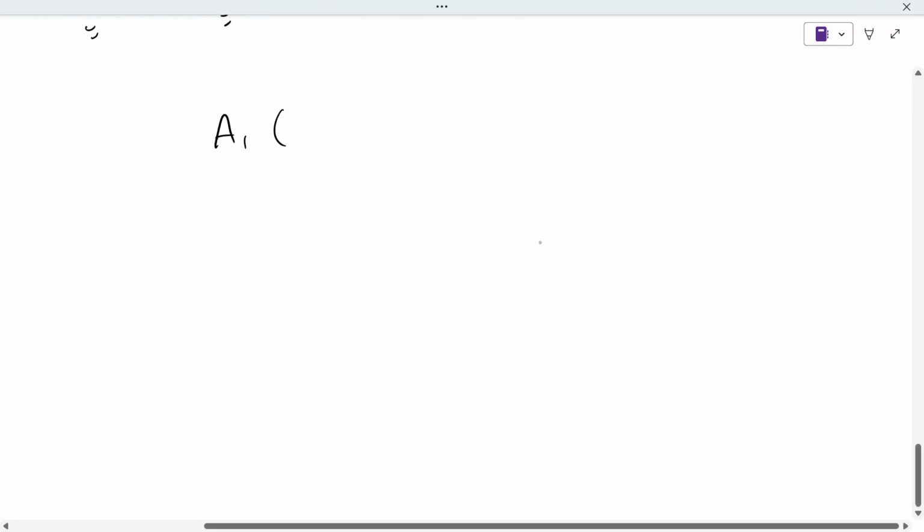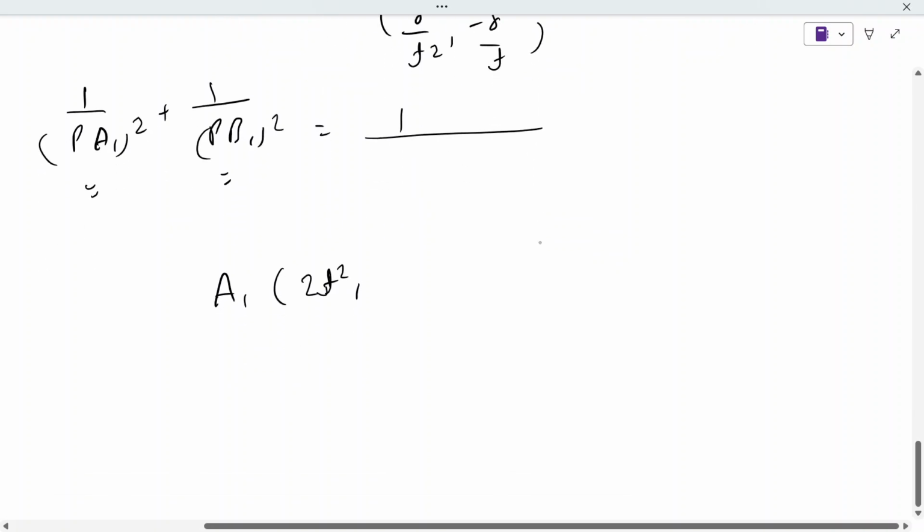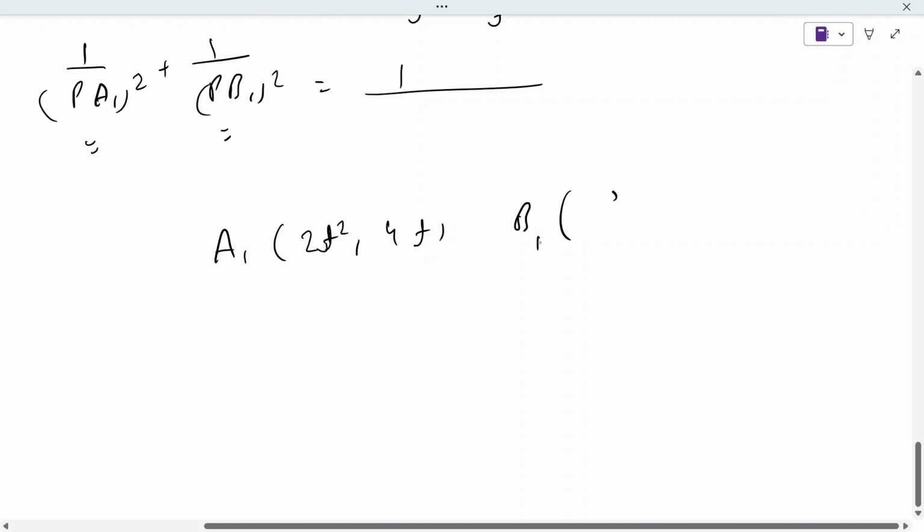A1 is (2t square, 4t), and B1 is (8 by t square, minus 8 by t).